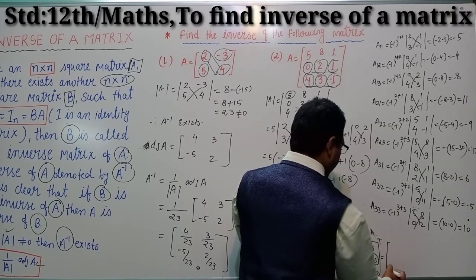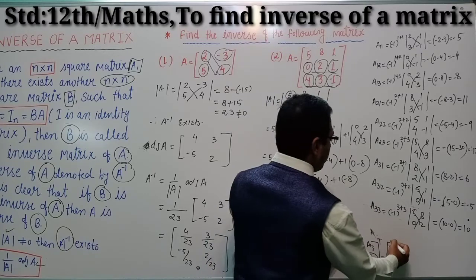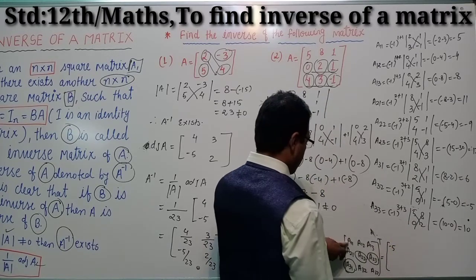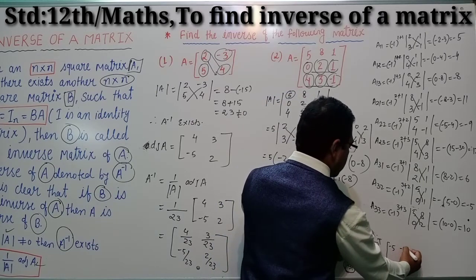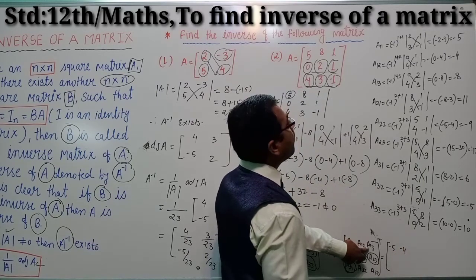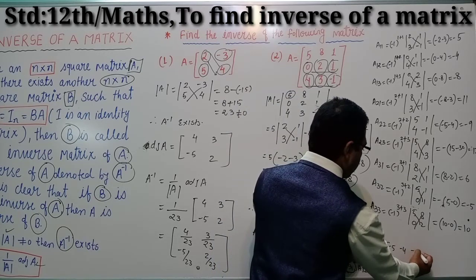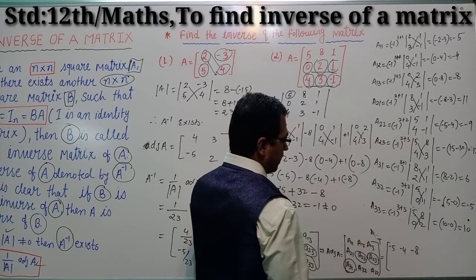Now putting the values of adjoint A over here. So what we will be getting? A11 minus 5, right? A12 minus 4, A13 minus 8, right?